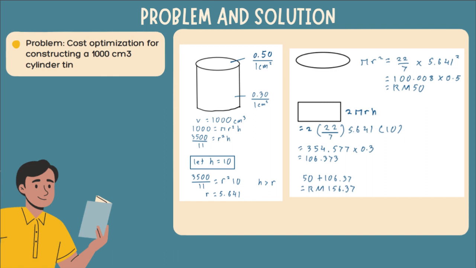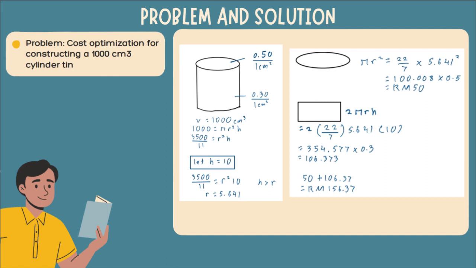So for the top we set the R into the formula, and we got 100 multiplied by 0.5, and from the top we got only RM 50.